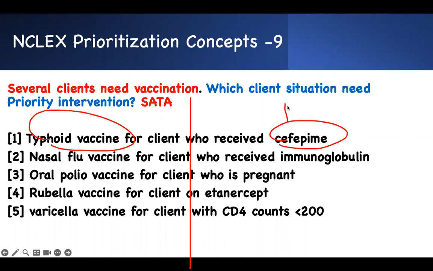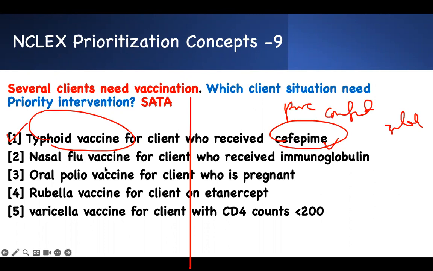This is just pure content of this antibiotic. When I give you cefepime, you can get typhoid. It's becoming ineffective. So you have to wait at least 3 to 6 months before you can get it. So this patient is a problem. We have to intervene. You can't use it. It becomes ineffective.